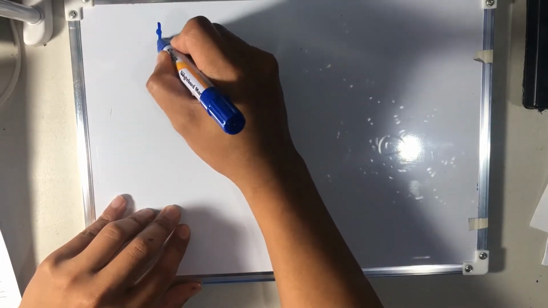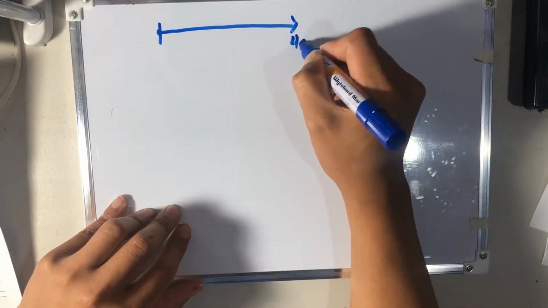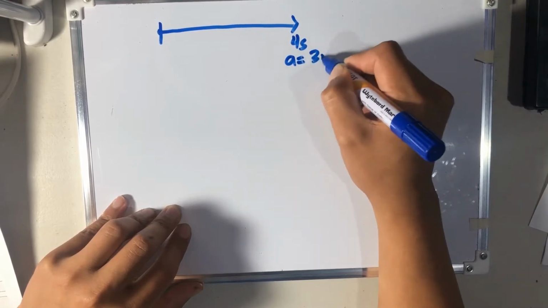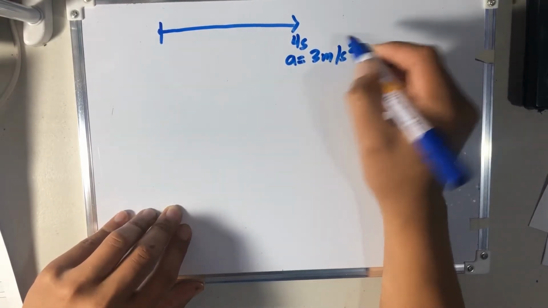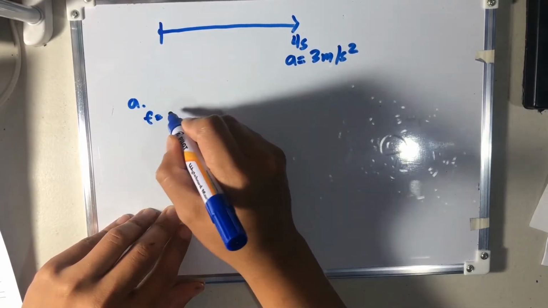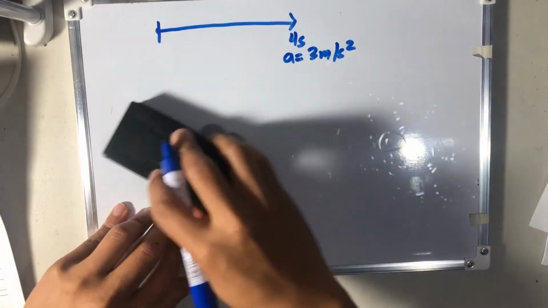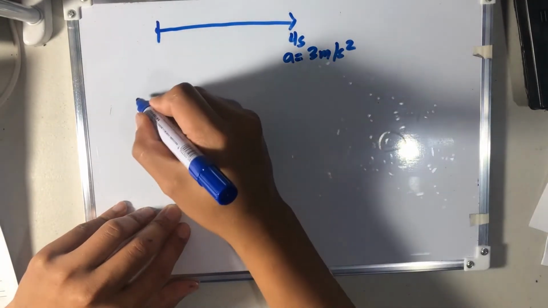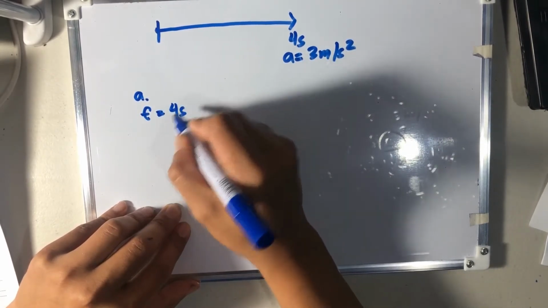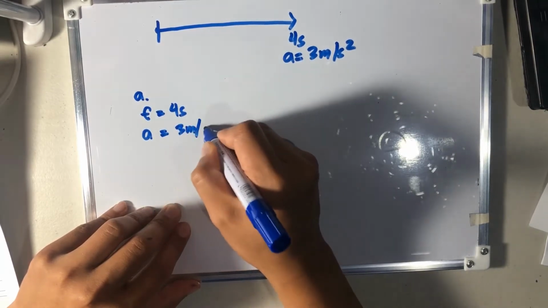So we have a cat that started from rest and it runs till the end of 4 seconds. We know that the acceleration of the cat is 3 meters per second squared. So for letter A, the givens are: time is equal to 4 seconds, acceleration is 3 meters per second squared.